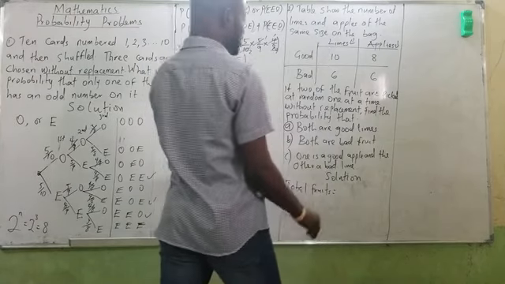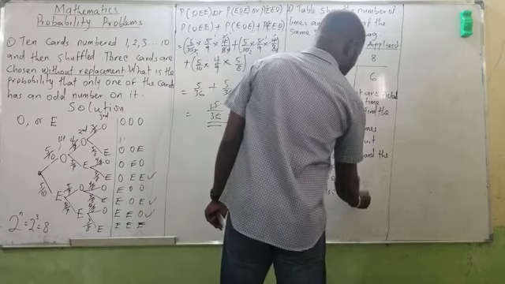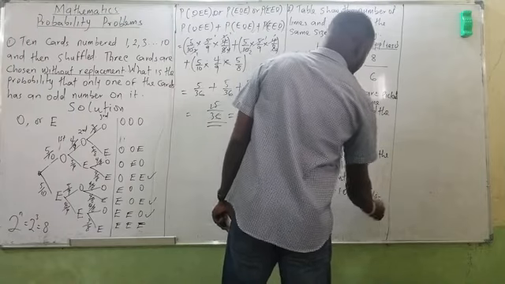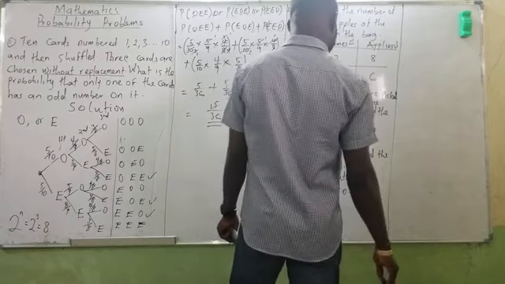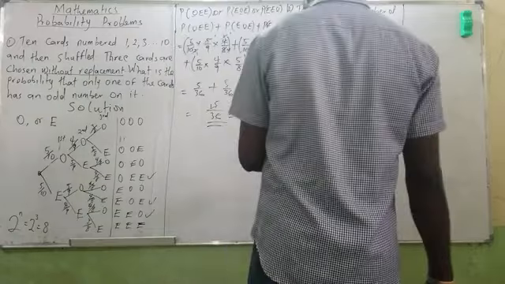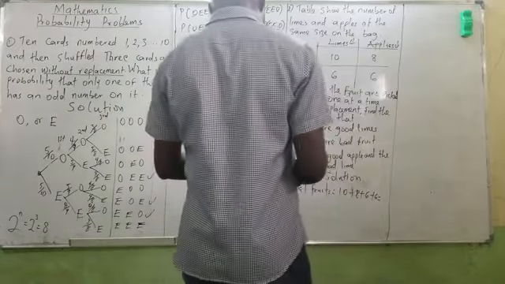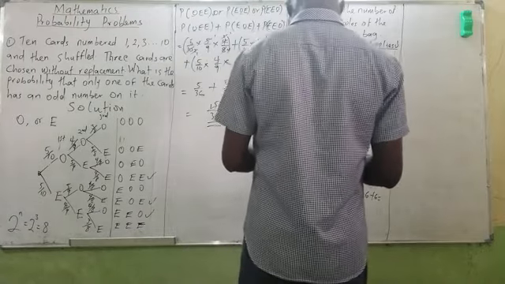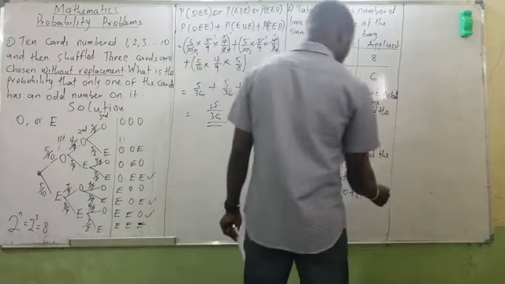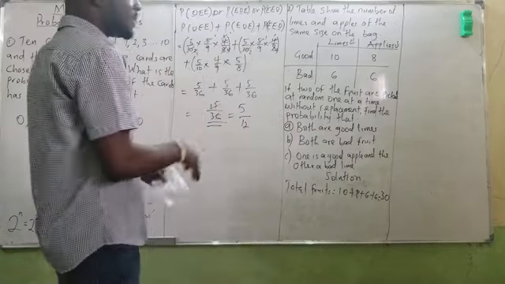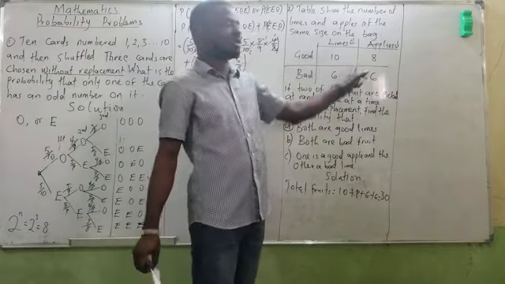Total number of fruits is 8 plus 10 plus 6 plus 6, which is 18 plus 12, so the total number of items will be equal to 30 fruits, because I'm adding everything together.